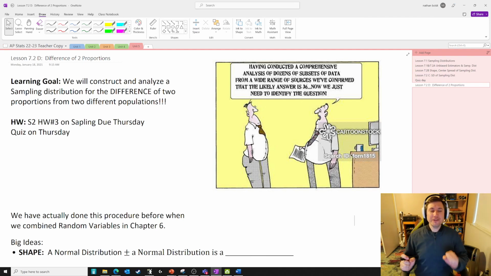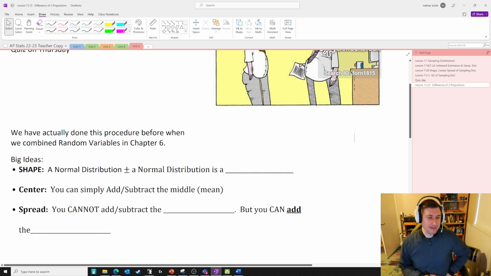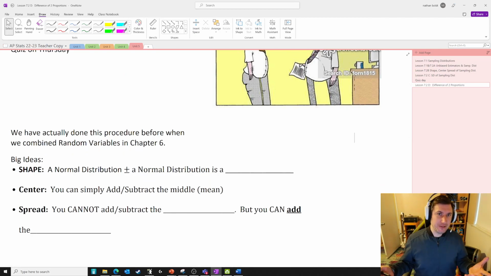The difference of two proportions. What if we take two samples from two populations and we want to compare them? Well, we've actually sort of done this before when we combined random variables. If you have two random variables and you combine them, what happens to the shape?